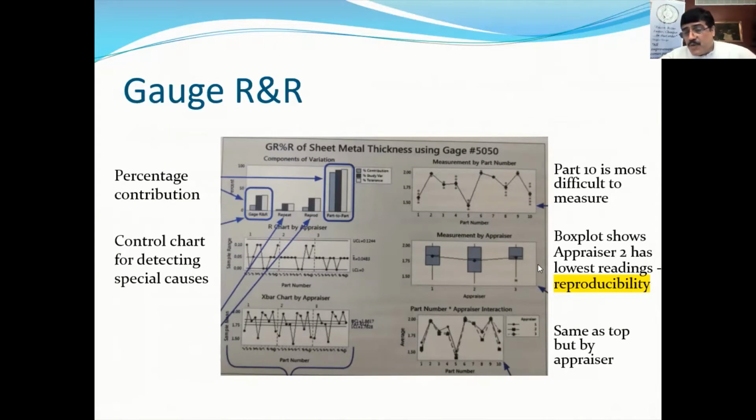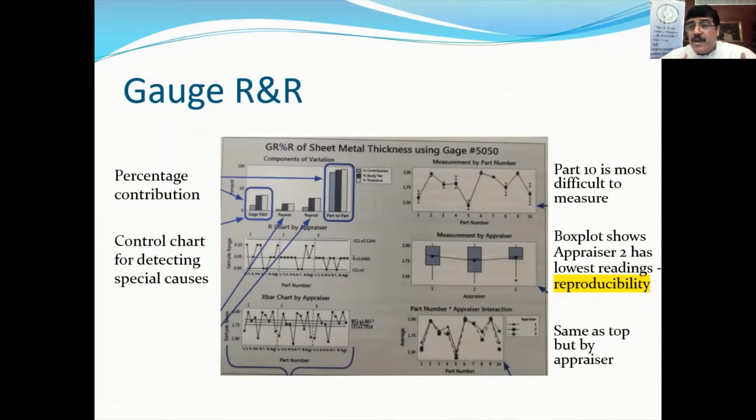Here, this box plot, we will talk about it later. As you can see, this one here, appraiser number 2, has the lowest reading among all. So you want to watch out. This guy has the lowest reading. Is he the right one, the wrong one, and so on? And this bottom one is the same as this top one. It's just by appraiser.